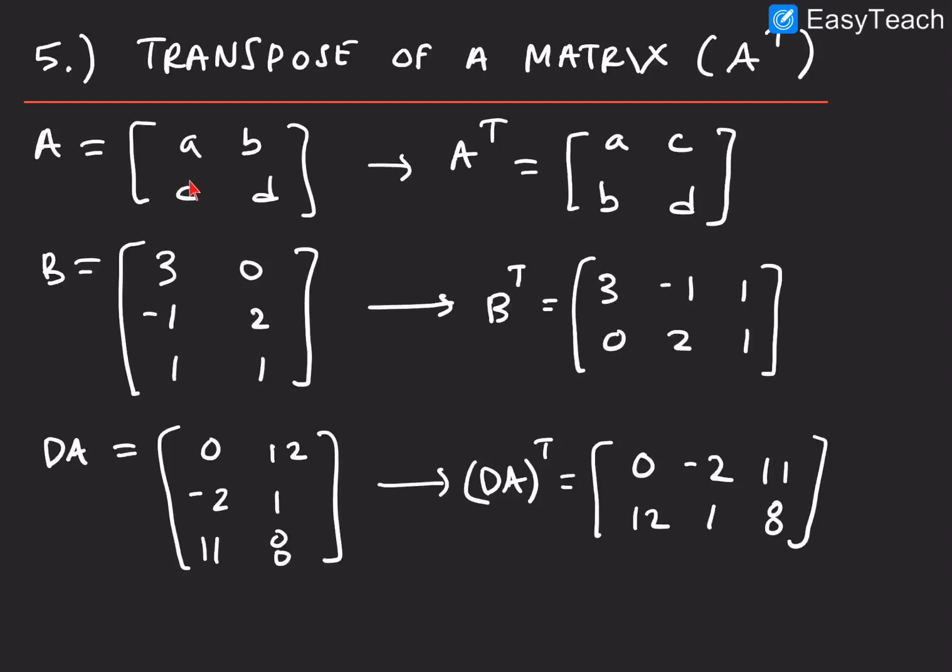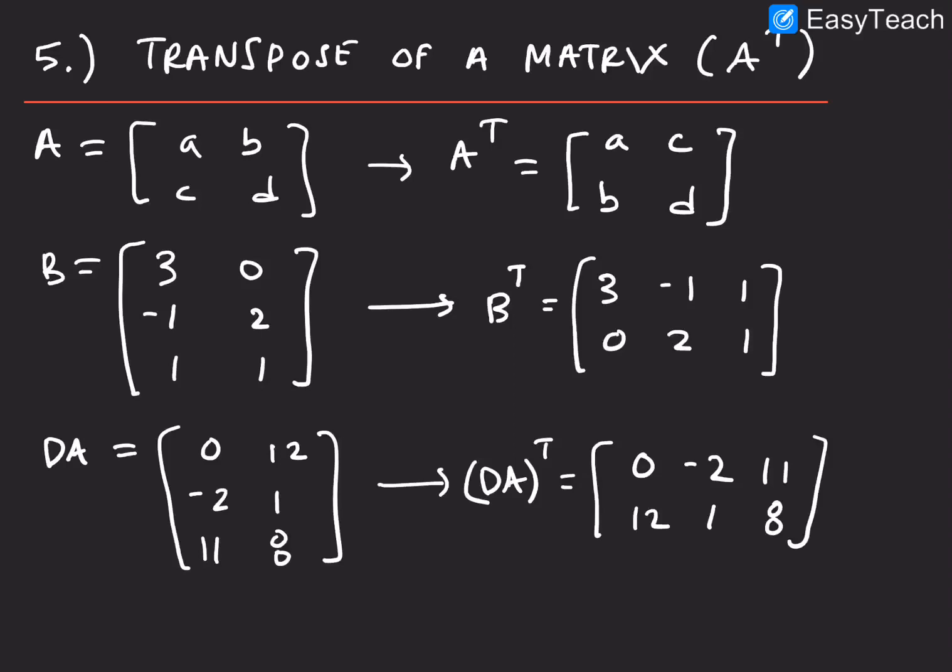So, yep, that's basically the transpose. So let's do the transpose of B. This matrix B is we're going to make this column 3, -1, 1, and we're going to make it a row. We're basically flipping, we're turning it. Okay, so if we look over here, oh, now 3, -1 is a row. And this column 0, 2, 1 is now a row. 0, 2, 1. That's basically it, all it is.